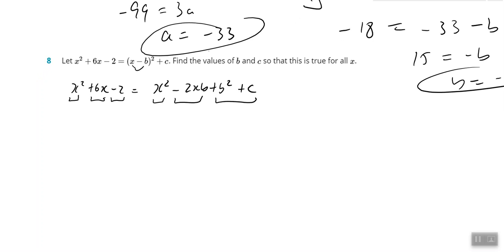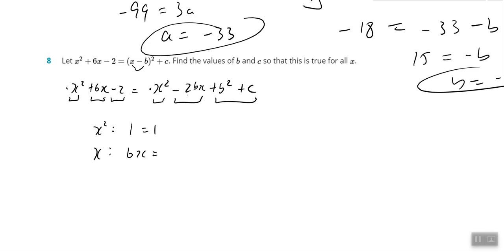So you're going to compare them. For the x squared terms, 1 equals 1 because the number in front of the x squared on both sides is 1. Great, that doesn't do anything. For the x terms, you've got 6x equals minus 2bx.